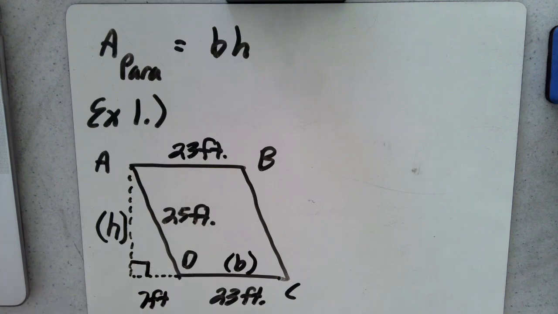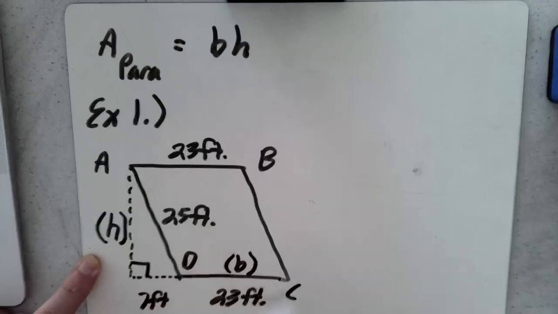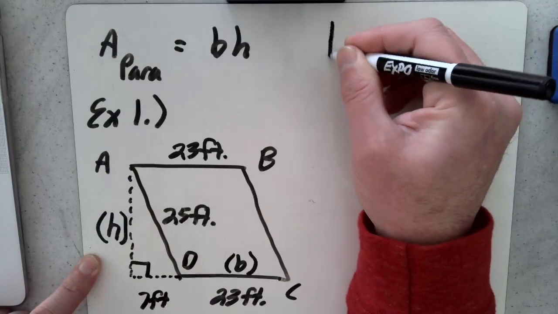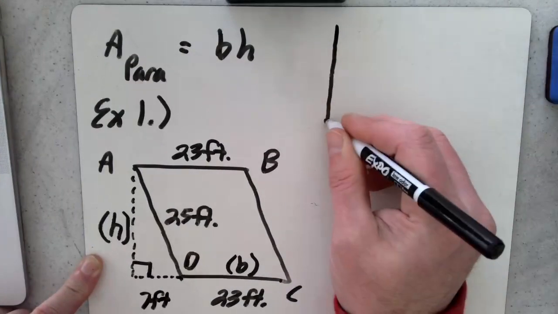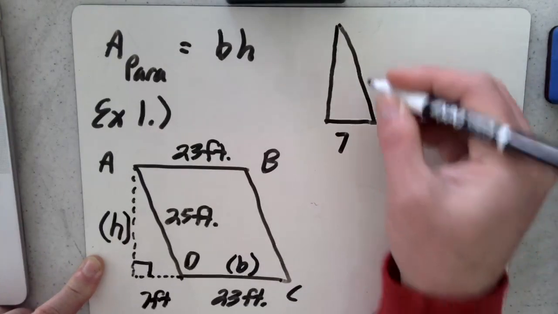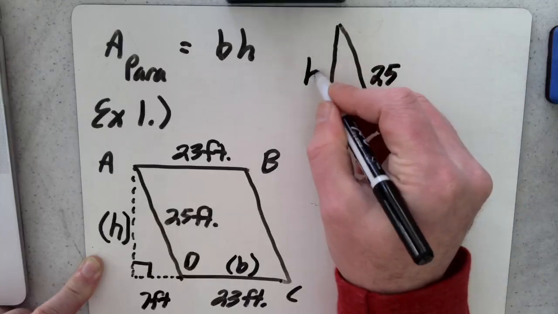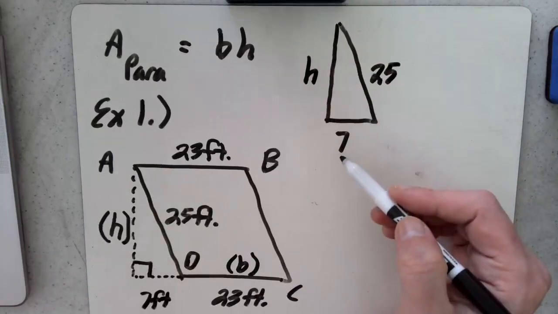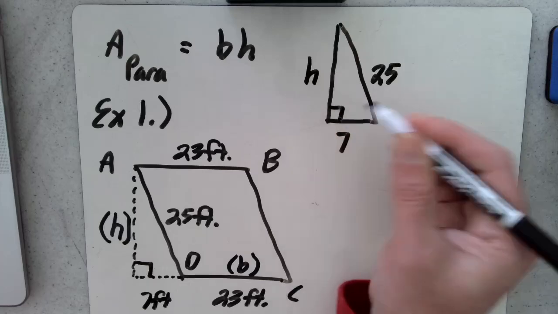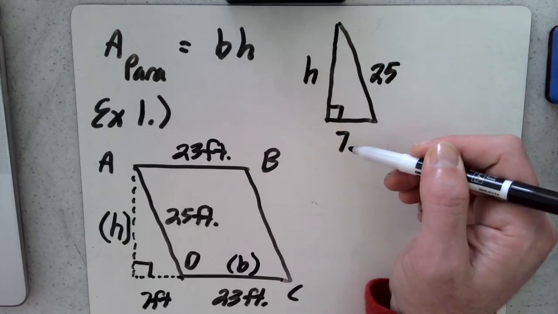In order to find the height here, we need to take into consideration this triangle over here. So if I pull this triangle out and I draw it, we know this is 7, this is 25, and here is our height. We got the right triangle right here, where I know 2 of the 3 sides.